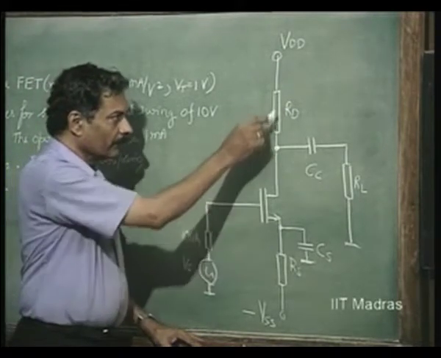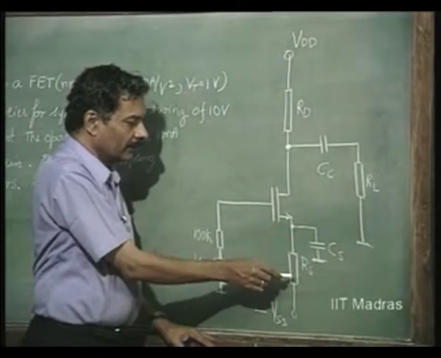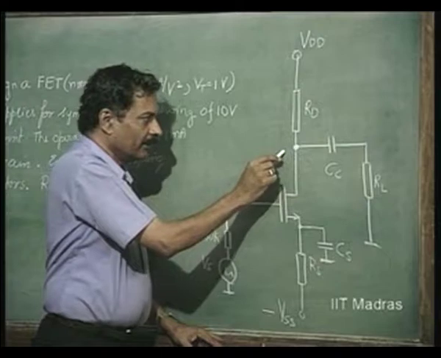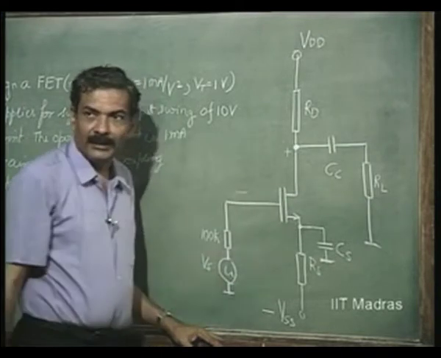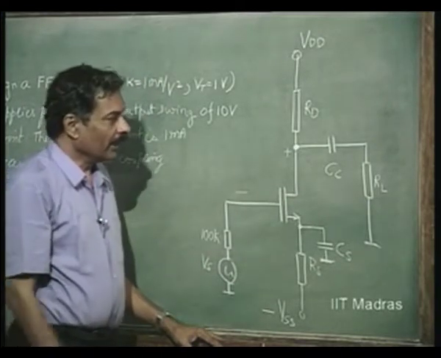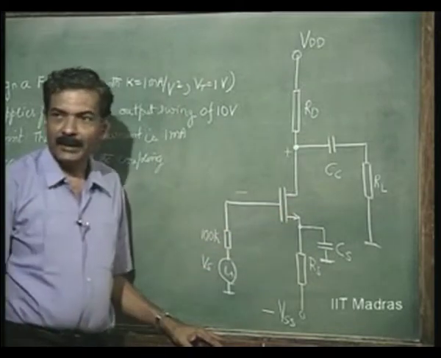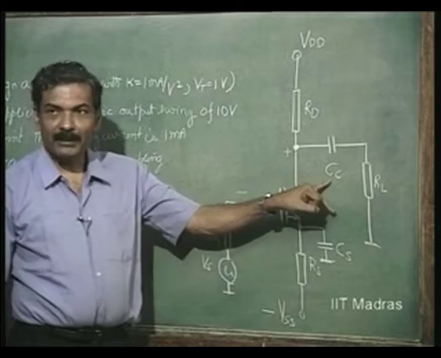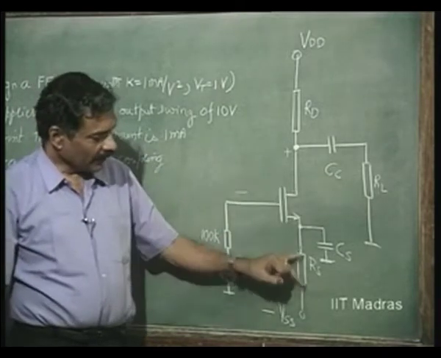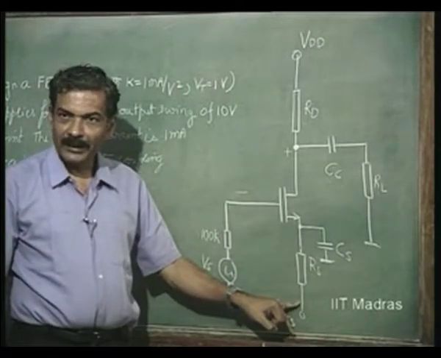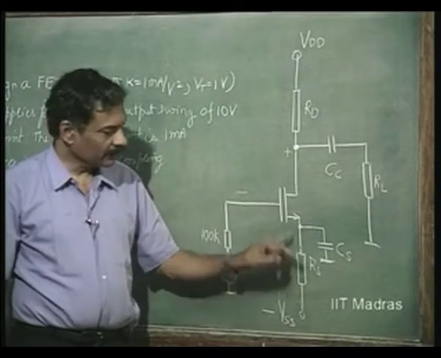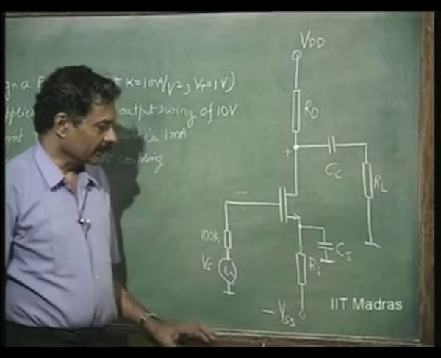Then we have Rd as the resistance fixing the VDG, and let us say we have possibly an RL coupled to Rd through a coupling capacitor Cc, and Rs to fix the IDSQ at 1 milliampere in a stable manner, and that is bypassed by Cs.